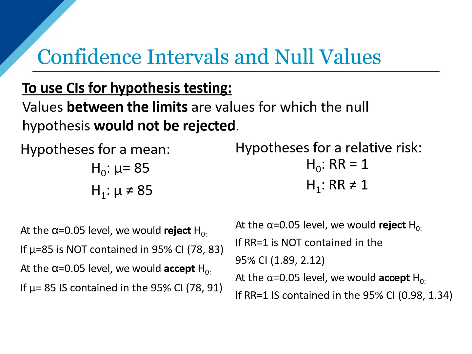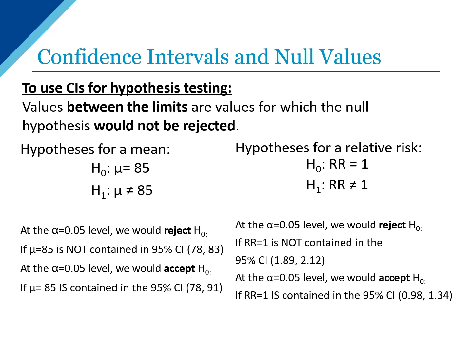If we want to use confidence intervals for hypothesis testing, which we do often when reporting relative measures, particularly crude relative measures, we would say that values between the lower and upper limit of the 95% confidence interval are values for which the null hypothesis would not be rejected because the null value could be within that interval.